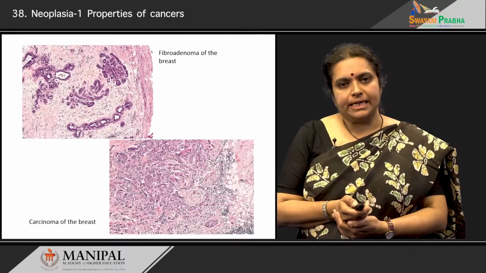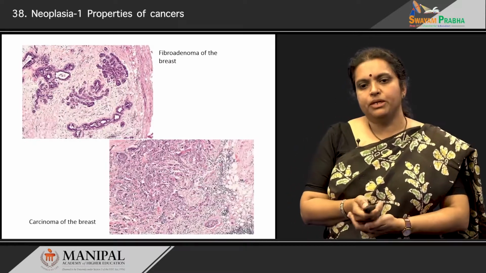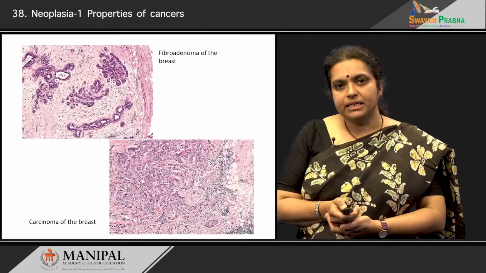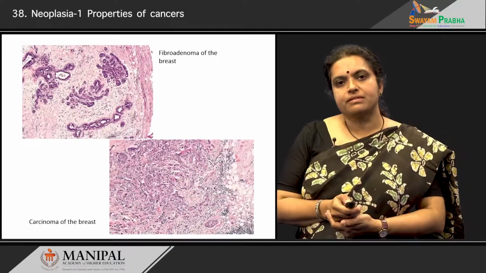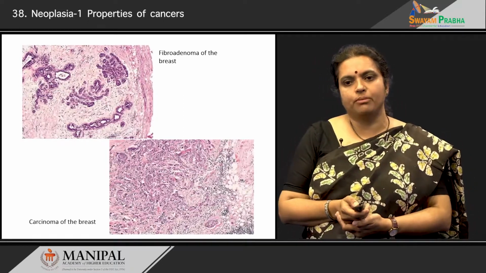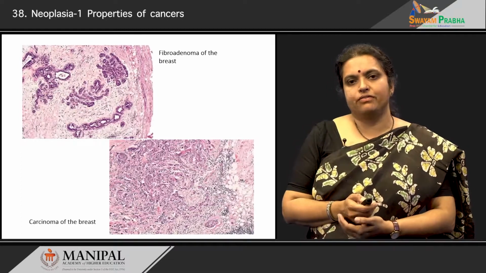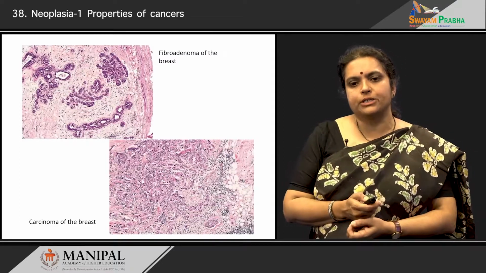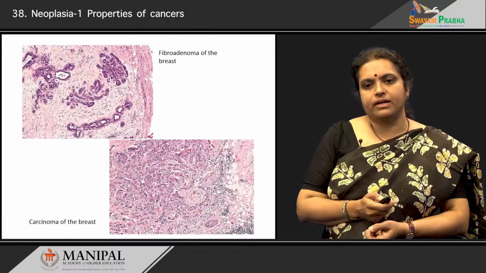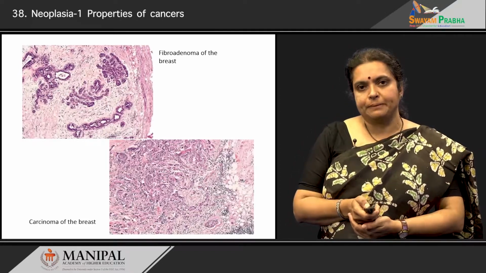The cytological atypia is not there, whereas in the picture below you see a malignant tumor, a carcinoma of the breast, where cells are diffusely infiltrating the stroma, and it has also elicited a host response in the form of lymphocytes. So, all the small blue dots that you see are lymphocytes, whereas the larger cells that you see are the malignant tumor cells.